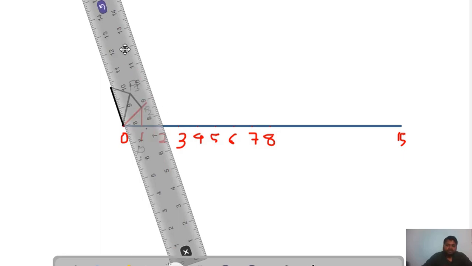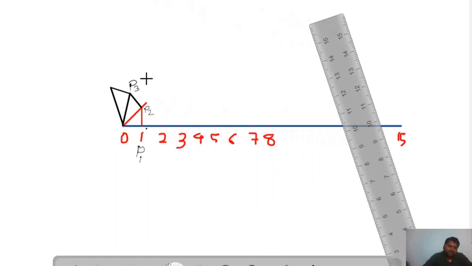So we get the spiral of this portion, and we write P4 here.